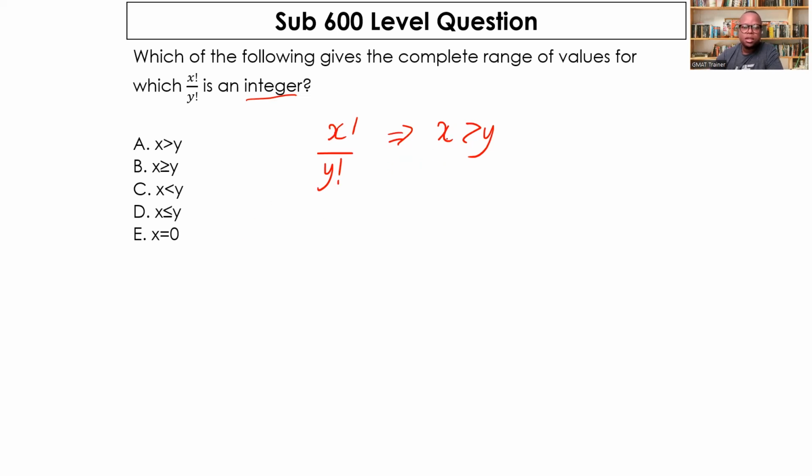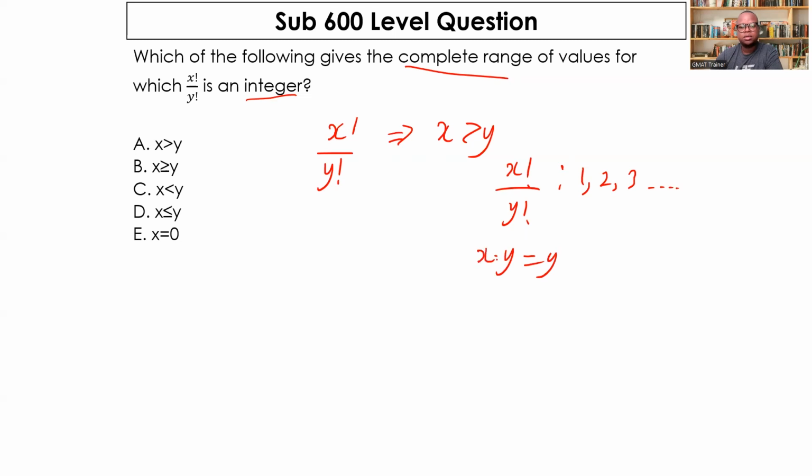Secondly, the next thing is the complete range of everything. So what can we have? For a complete range, that means this expression x factorial divided by y factorial should be at least 1, 2, 3, and so on and so forth. For it to be 1, x must be equal to y.